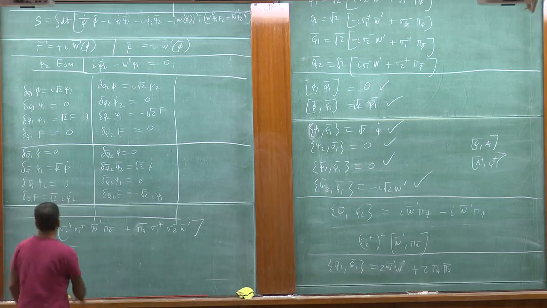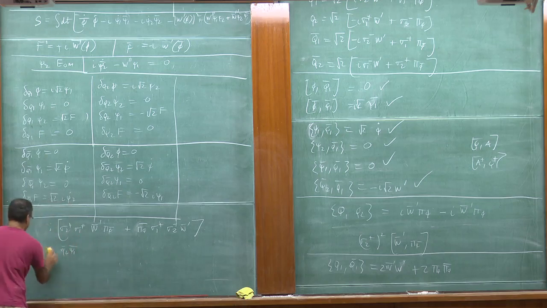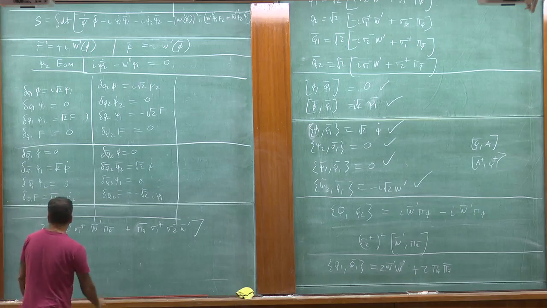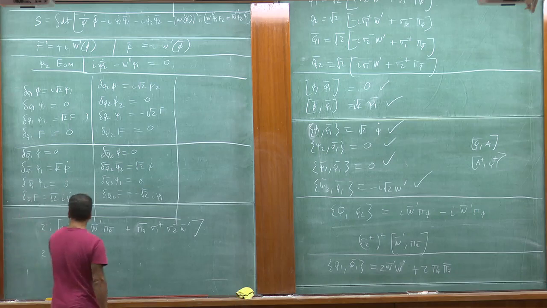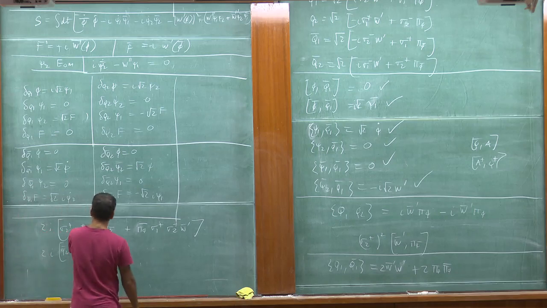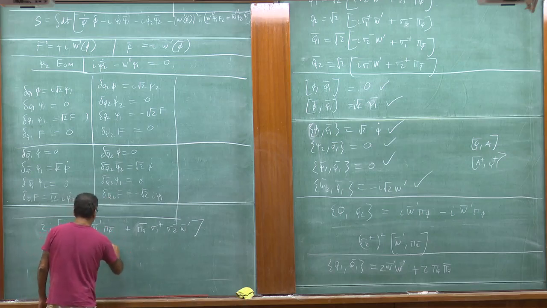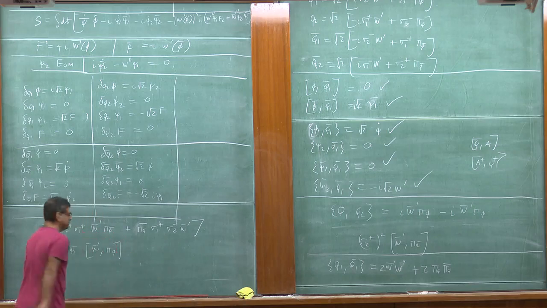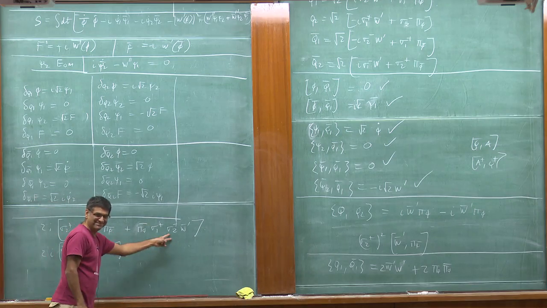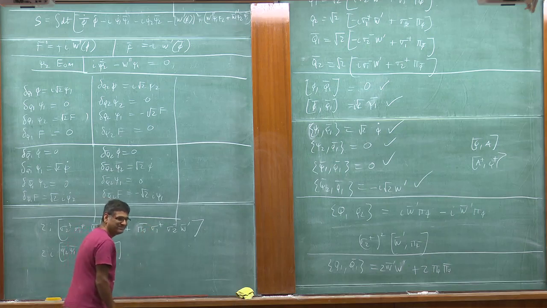It's 2i, thank you. 2i, sigma 1 bar, and we'll get now the anti-commutator, the commutator W bar prime pi phi. Right? This minus this, because we switched order here.